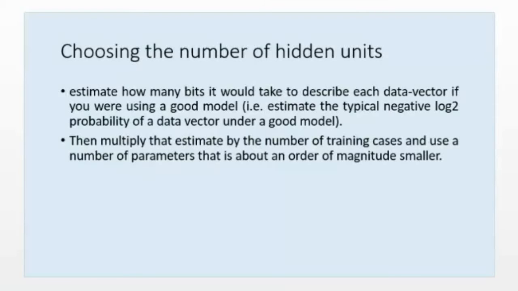You can use minus log to the base 2 of the probability of the data vector. Then multiply that value by the number of training cases, and use a number of parameters that is an order of magnitude smaller. So you find a number that is very small in comparison to your input size.